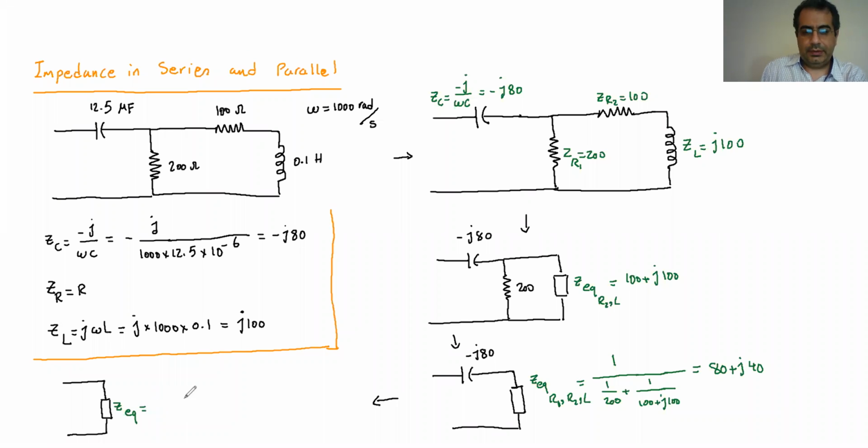It's going to be negative J80 plus 80 plus J40, which, if you do the calculation, is 80 minus J40.